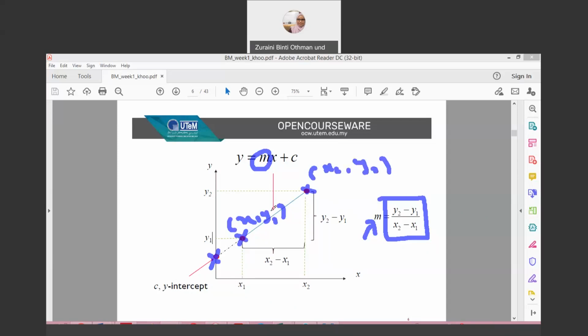Replace them in this formula, then we get m.